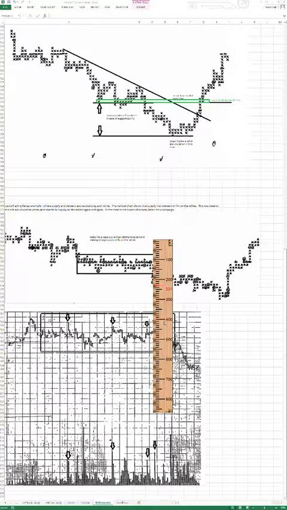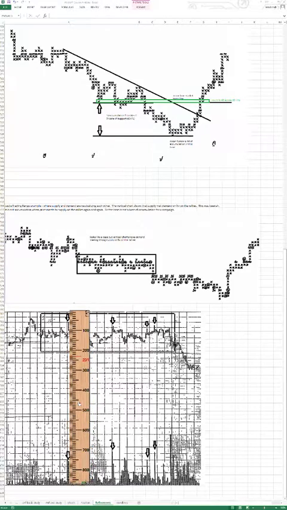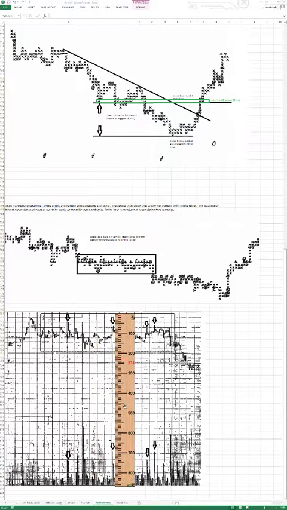So to avoid making this error, you use the P&F chart and you verify whether it's accumulation or not by using the vertical chart and looking at the price volume characteristics and seeing if they match the behavior of accumulation. The behavior of accumulation is not to sell the rallies.